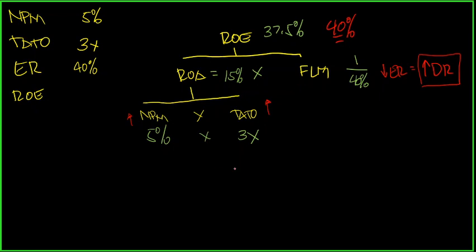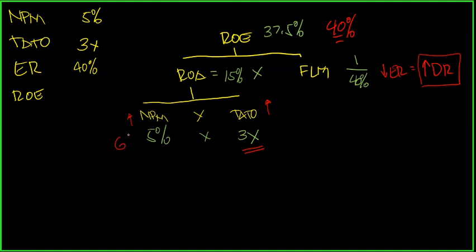So let's assume that after some meetings, they found out that they cannot increase the total asset turnover. They are limited to 3 times. But they can increase the net profit margin up to 6%.